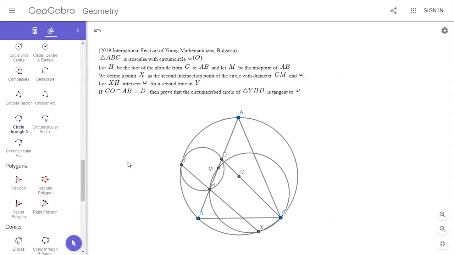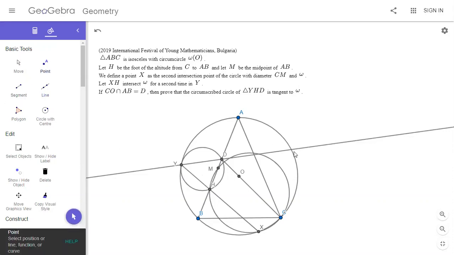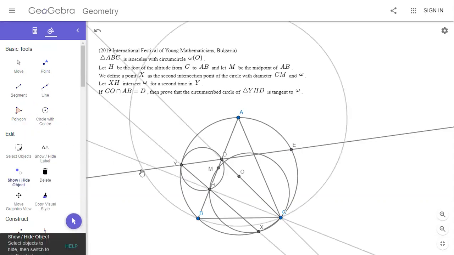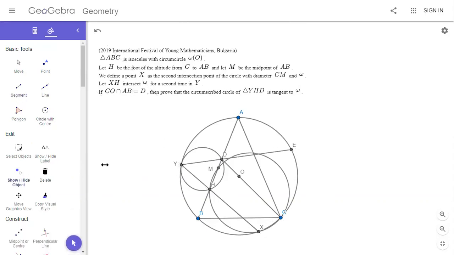All right, so whenever I see tangent circles like this, I kind of think homothety, right? So it's like we want to draw YD, and then we want to show if it meets this circle at a point E, we want to show EX is parallel to HD. All right. So yeah, let me hide this circle for now.